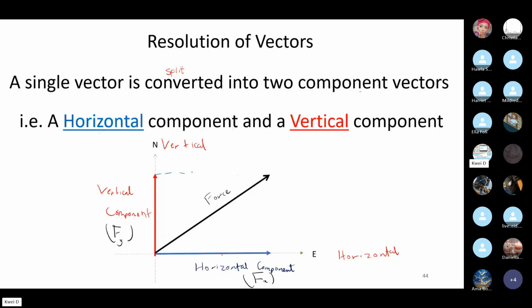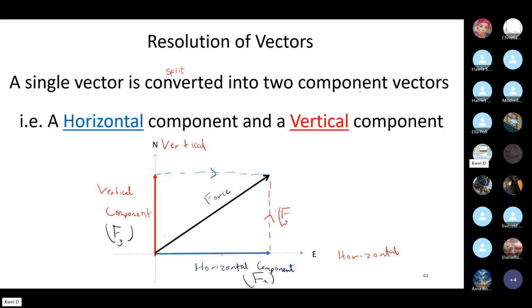And then we also take the same thing off the red and place it at the end of the blue like this. So this is the same as F subscript Y.